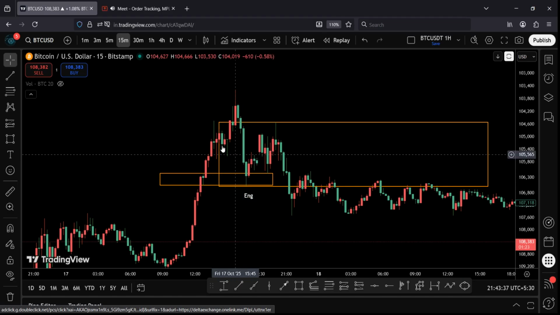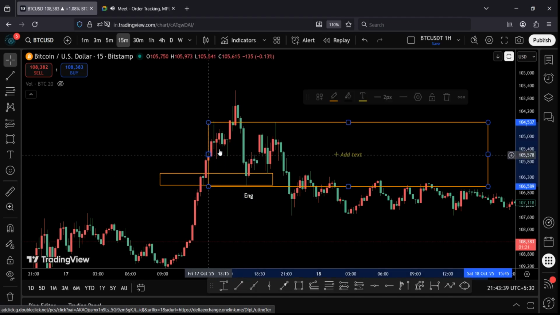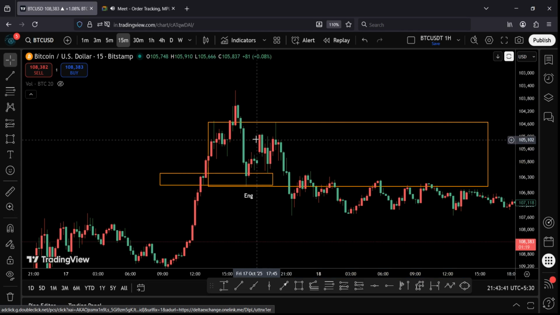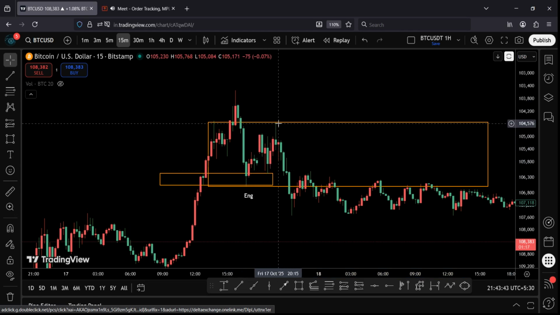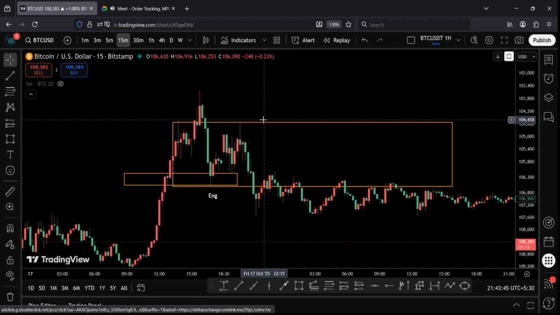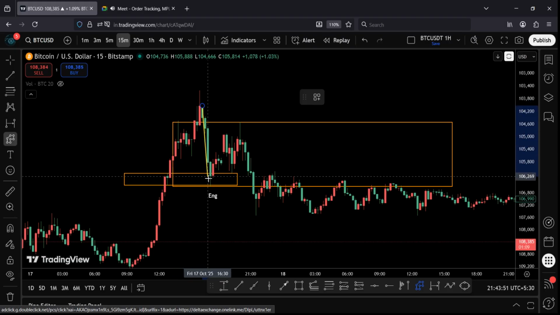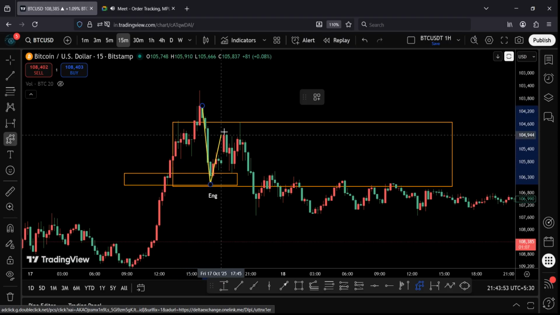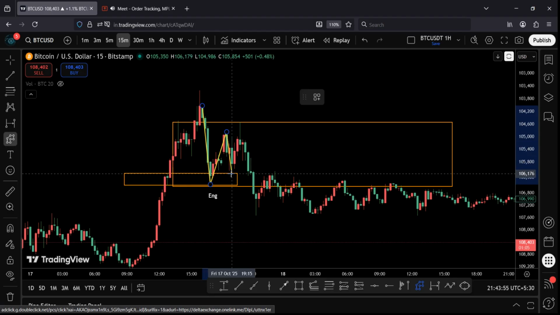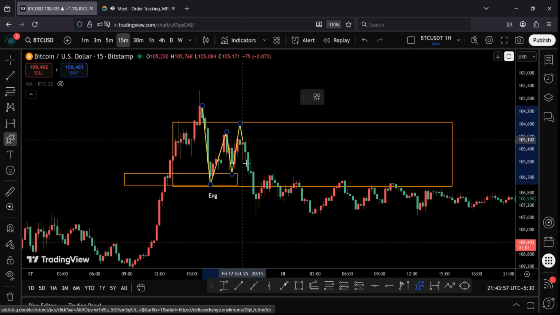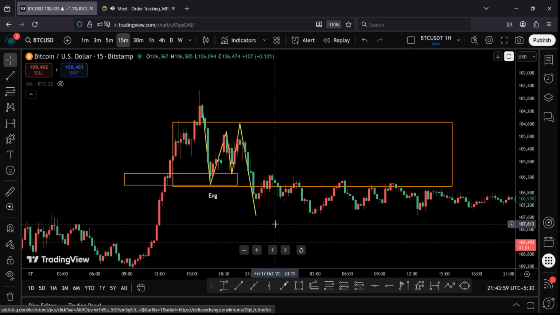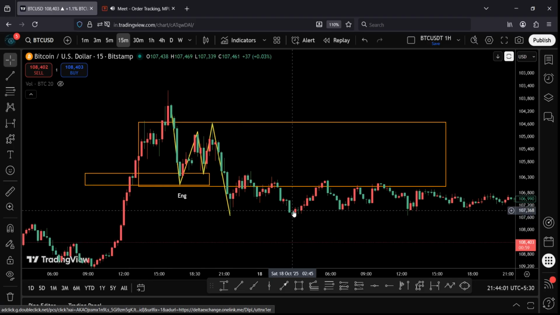Price goes up, came down, goes up, right? Do you see this schema? Price came down, goes up, came down, goes up, then came down, right? So where will be our MPL?